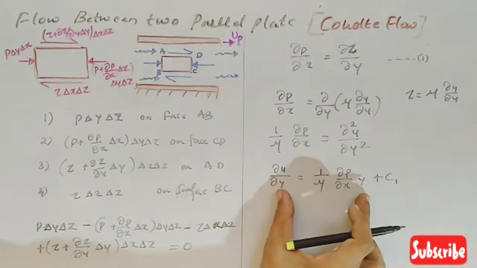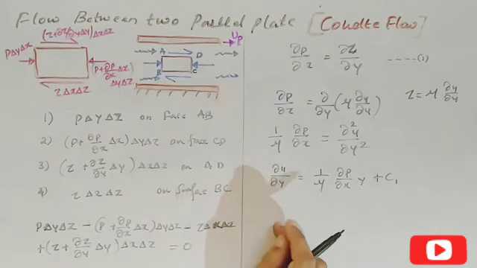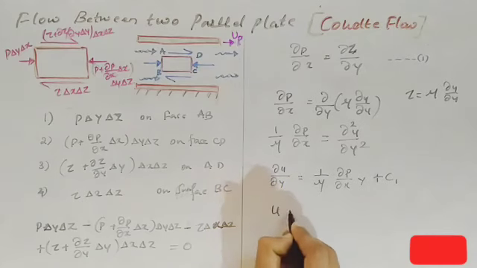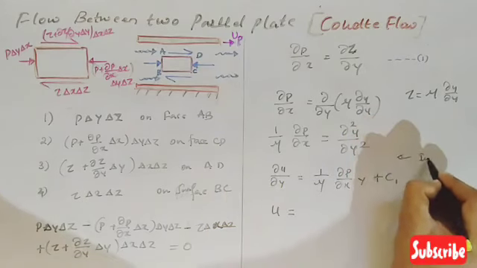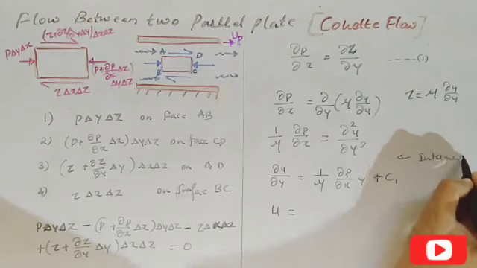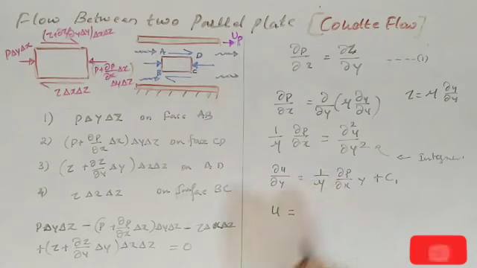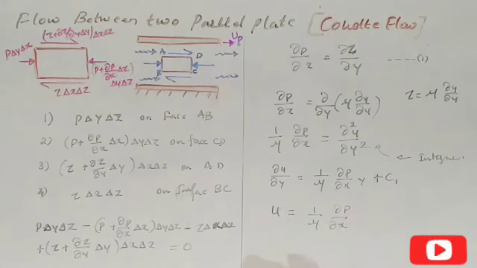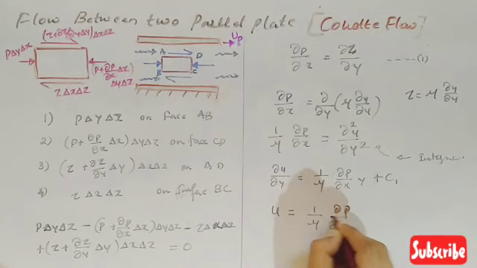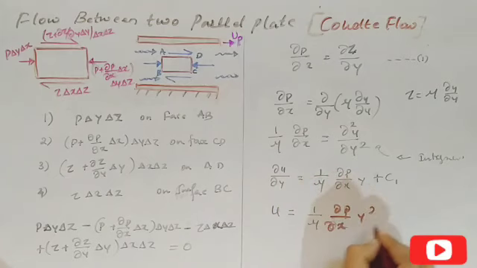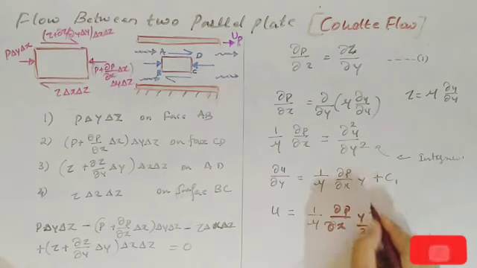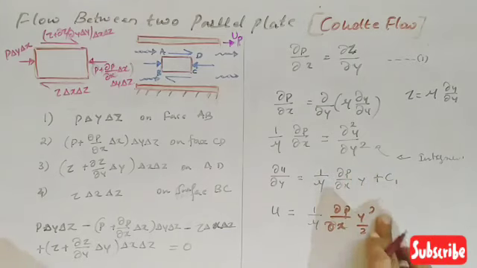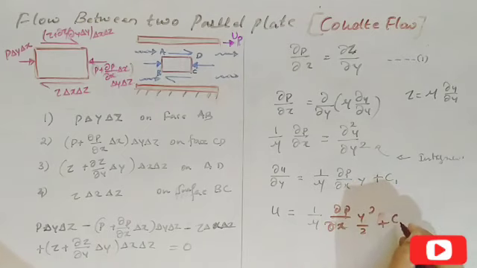Again integrating this equation, I will get u. So I'll get 1/mu ∂p/∂x, y squared by 2, since the integration of y is y squared by 2, plus c1 y plus c2.